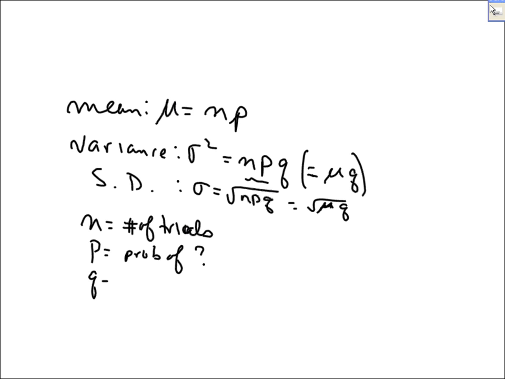And q is 1 minus p. That is, if p is 20%, q would be 80%. 20% is 0.2. 1 minus 0.2 would give you 0.8.